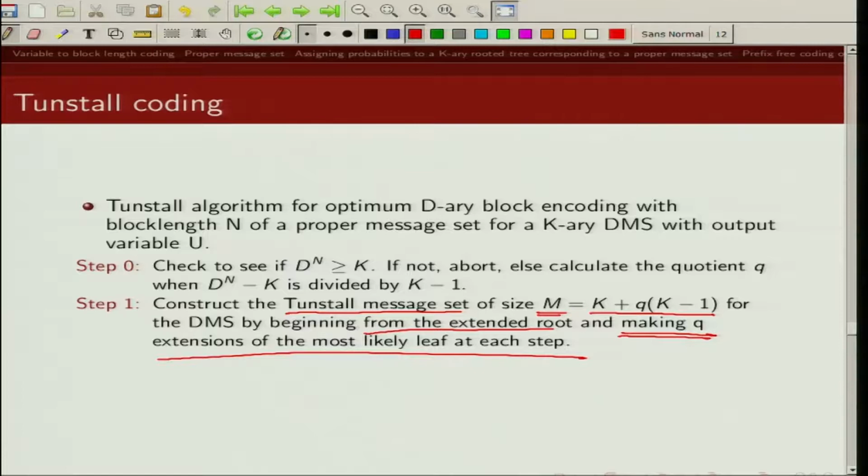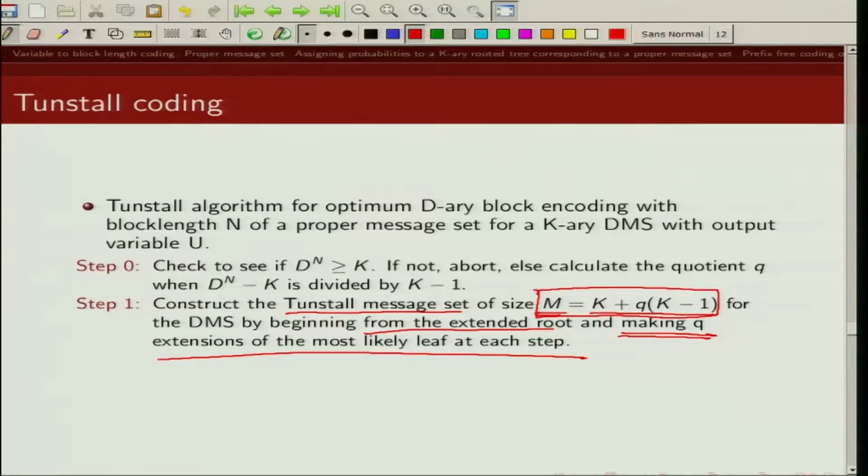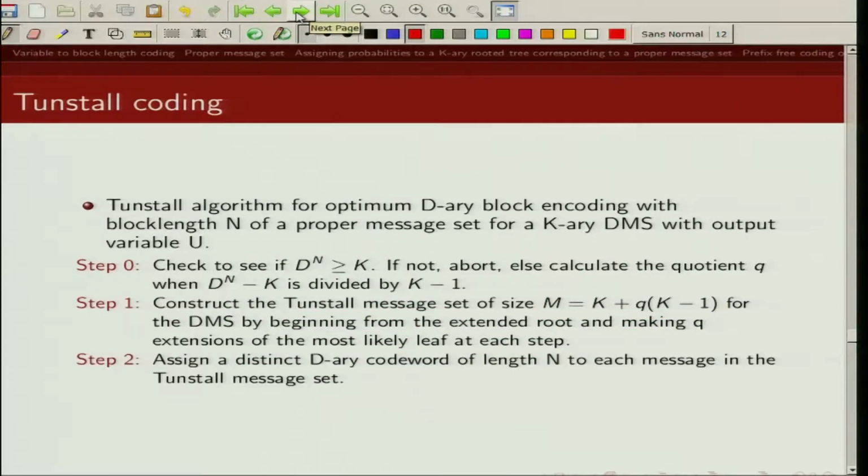Please recall, in the case of a Tunstall message set, we extend the most likely leaf, and to get a Tunstall message set of size M, we need to do q extensions of the extended root. So each time we are going to extend the most likely leaf, and once we have formed these messages, we are going to assign a distinct code word to each of these messages.